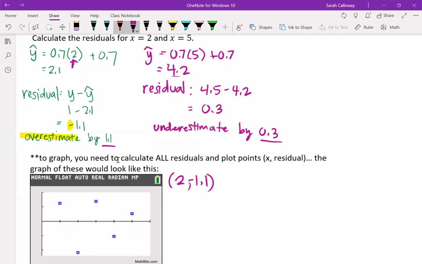So if I find the predicted y value, 102.5 plus 0.65 times 500, and I calculate that, that's going to give me a predicted fare of $427.50. Okay. So my predicted fare is $427.50.